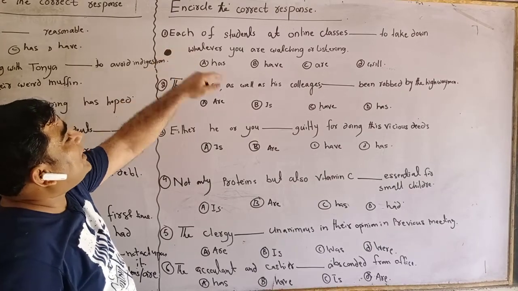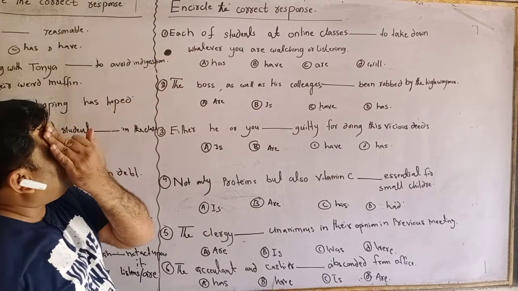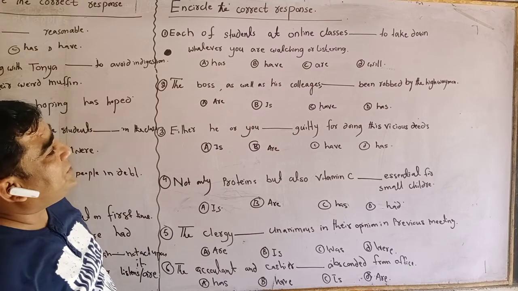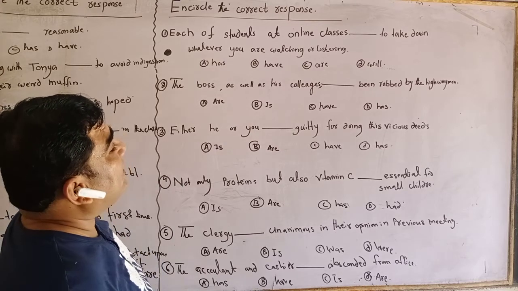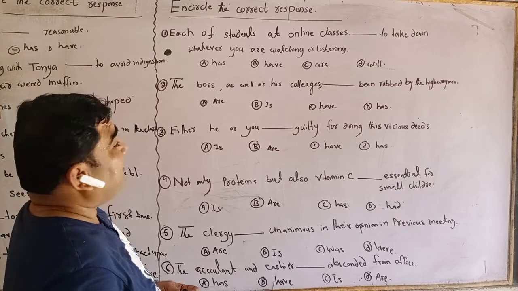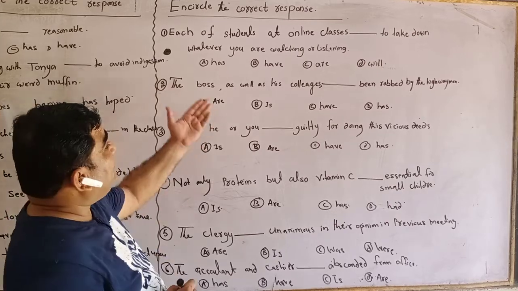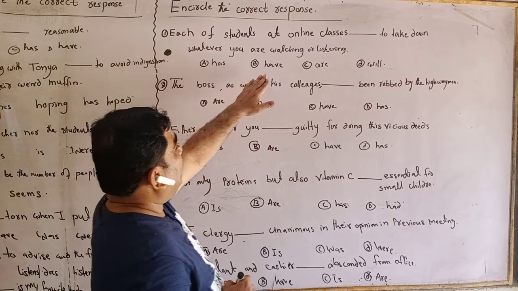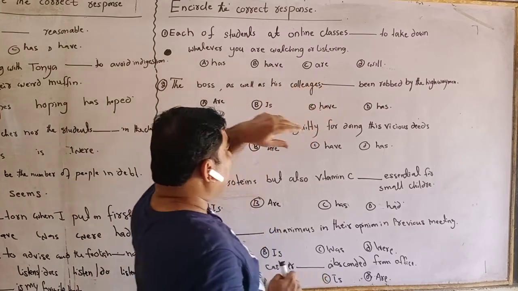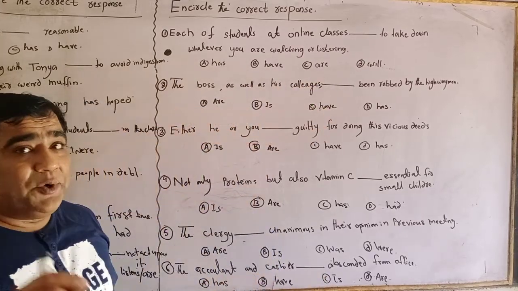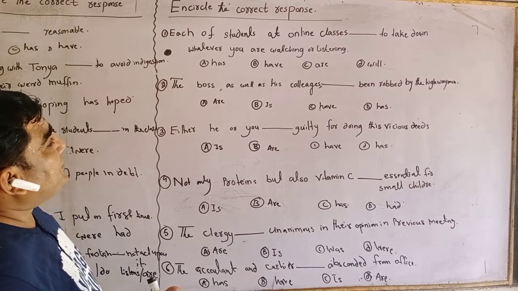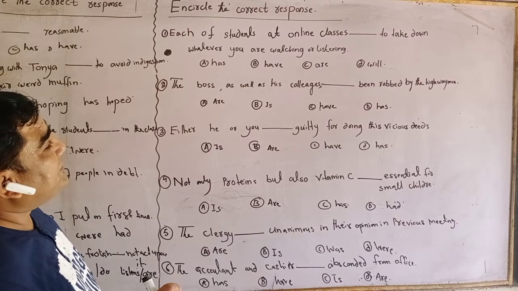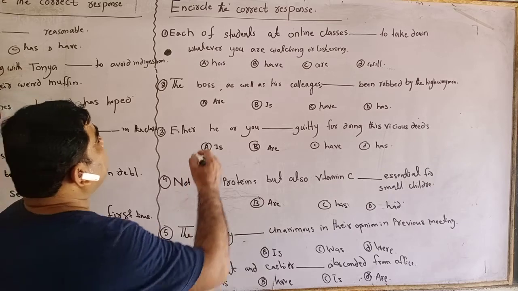Each of the students at online classes should take down whatever you are watching or listening. The options are has, have, or will. Listen to the question first. Do not be confused.